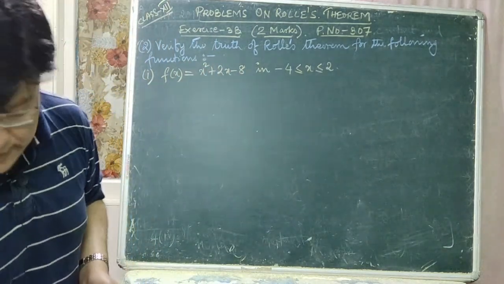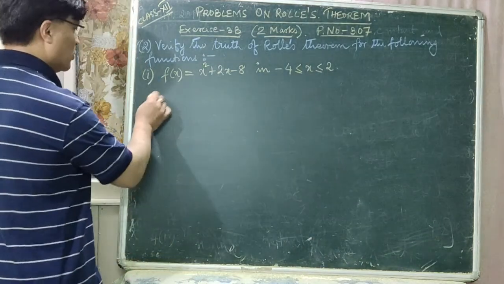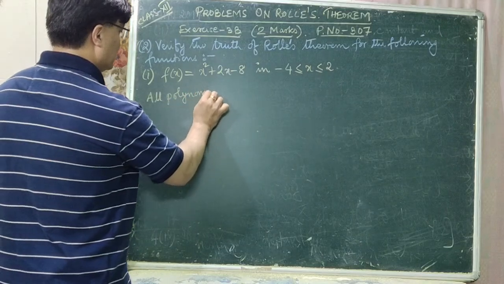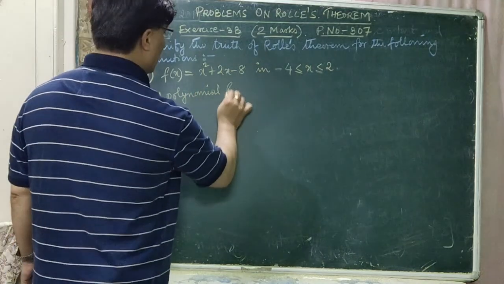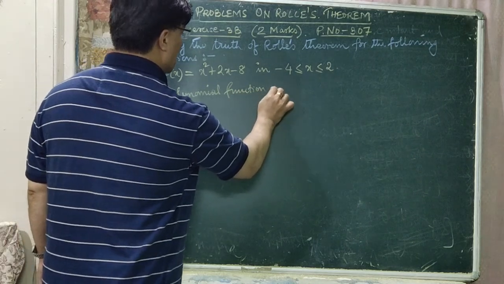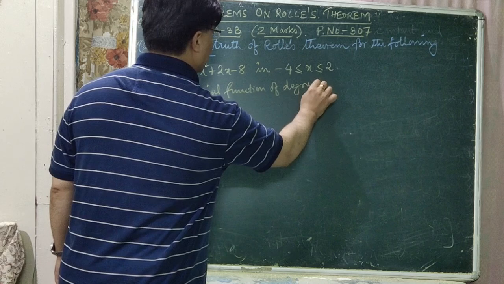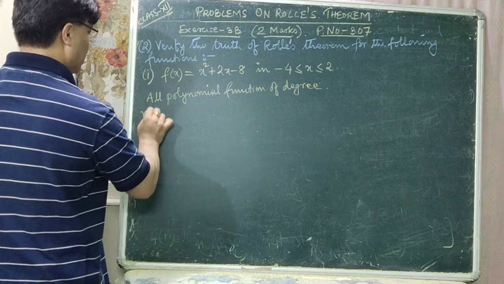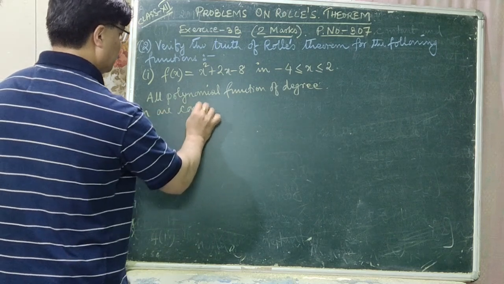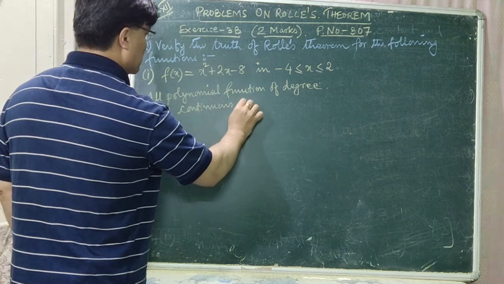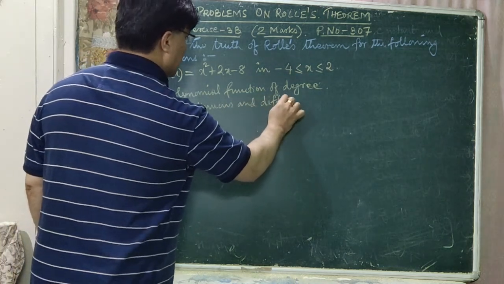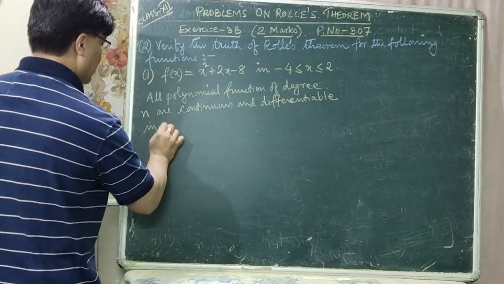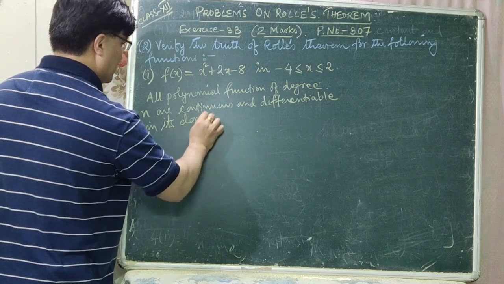So first of all you have to write here, since this is a polynomial, you can write all the polynomial function of degree n are continuous and differentiable in its domain.